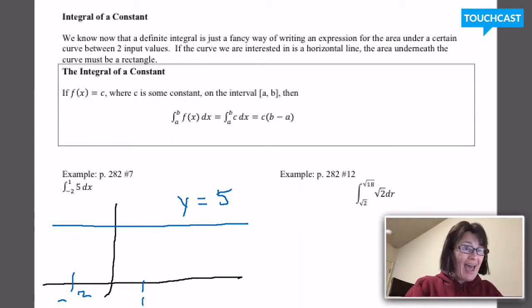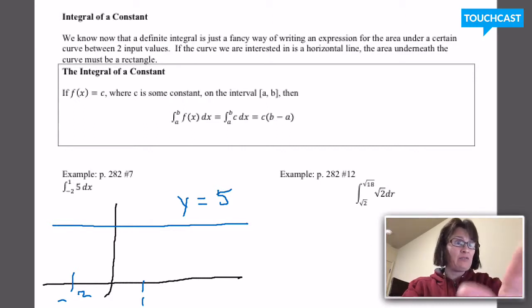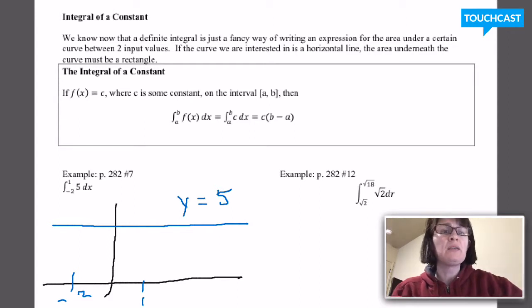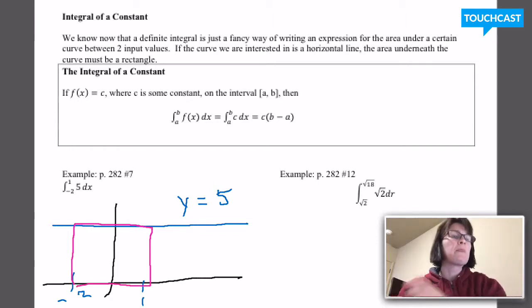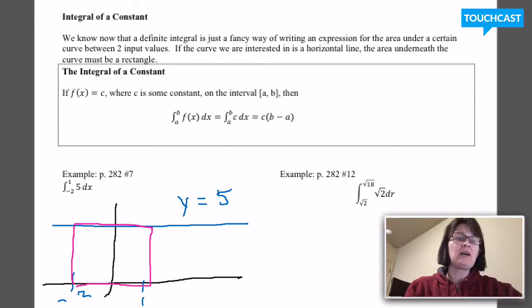So you don't have to draw this picture anymore if you don't want to, or you don't have to memorize that formula up there if you don't want to. You could just draw the picture and understand. For me, this is going to evaluate to the area of this rectangle. So the rectangle that is 3 spaces wide with a height of 5. So 3 times 5, 15.